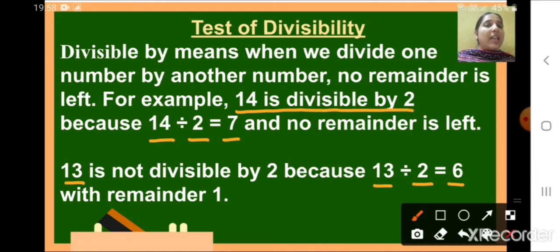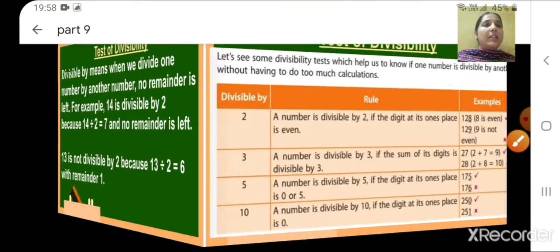So in this case, we will say 13 is not divisible by 2, because in that case, we will get the remainder. And we say a number is divisible by a given number when there is no remainder. Okay. So today we will see the test of divisibility.